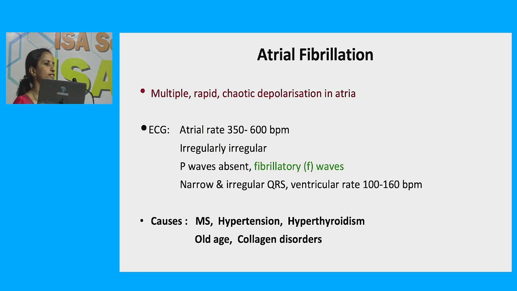Another cause you said is old age. What happens in old age with AF? Are you worried about it, or is it just a normal phenomenon? With old age, there will be distortion of the conduction pathway, and it can be present normally in old age, like in chronic AF. So the duration of onset of AF is the most important thing to be noted in such cases.